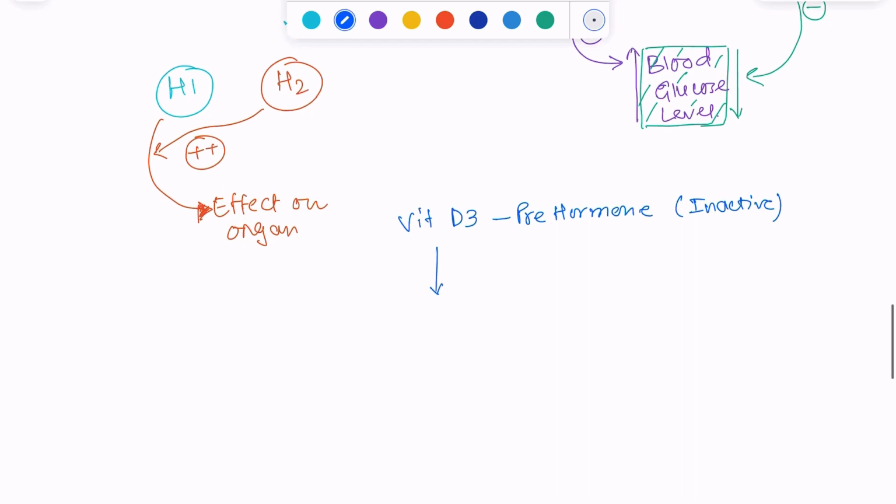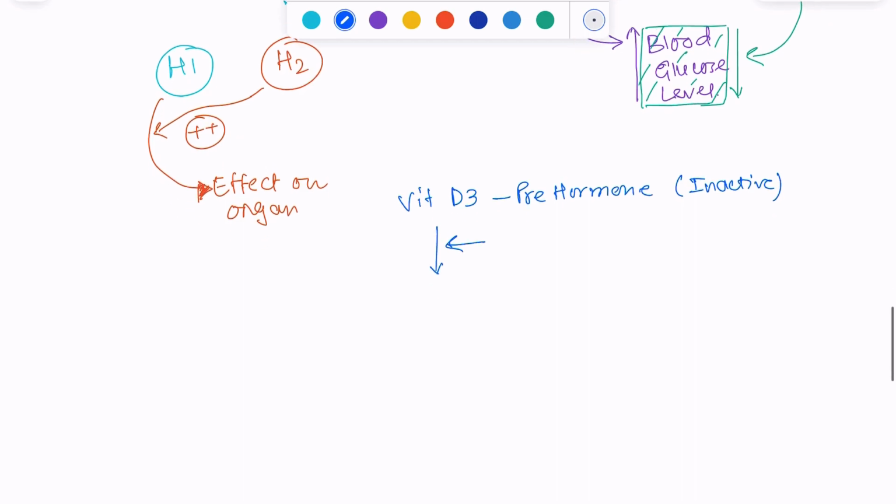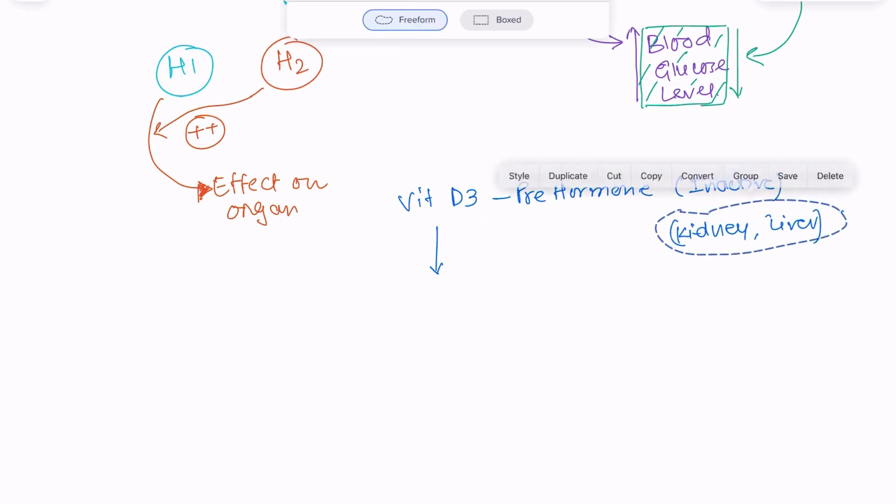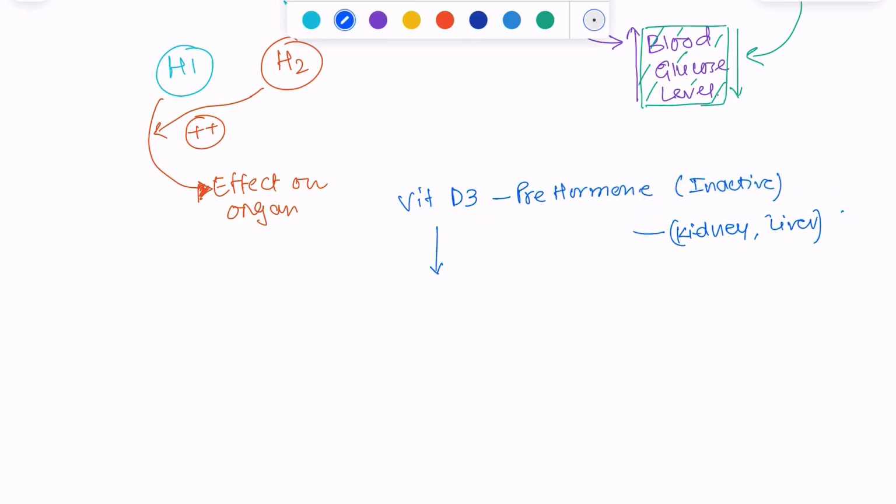They get modified by different enzymes that the kidney and liver secrete. These enzymes come and help this vitamin D3 to modify.